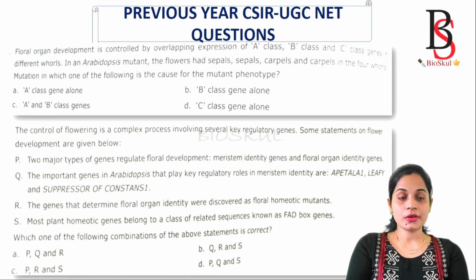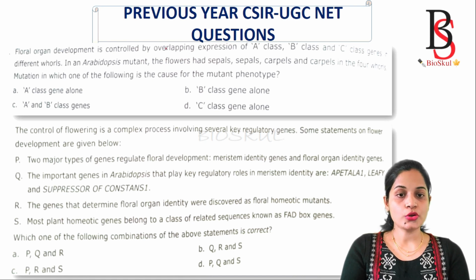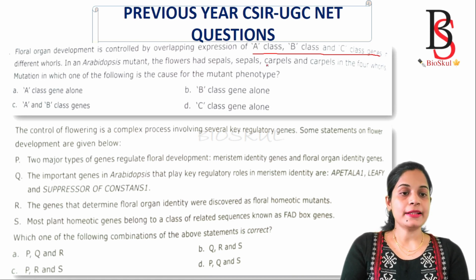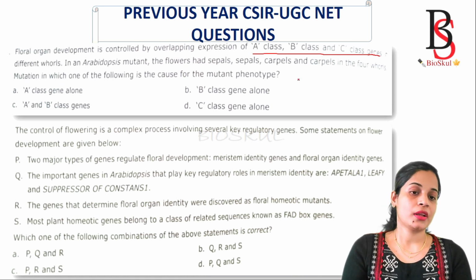Let's see the previous year questions related to this topic. Floral organ development is controlled by overexpression of A class, B class and C class genes in different whorls. In an Arabidopsis mutant, the flower had sepals, carpels and carpels in 4 whorls. Mutation in which of the following will cause the mutant phenotype? Okay.